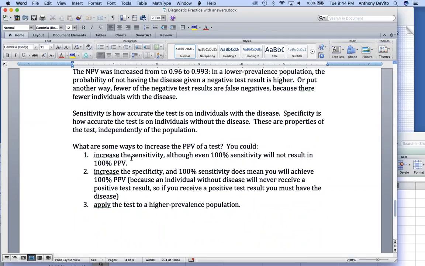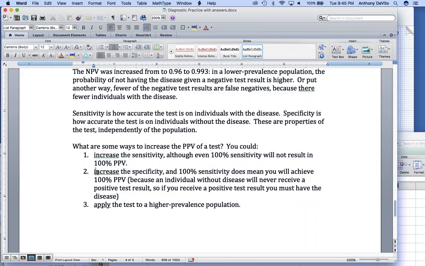Okay, so now you might get some word problems on here. Like, for instance, what are some ways to increase the positive predictive value of the test? Well, you could increase the sensitivity of the test. But even if you increase the sensitivity, you'll still get some people that are negative that test positive, even if you have 100% sensitivity, because if the specificity is not 100%, then some people that are negative will wind up appearing to be positive.